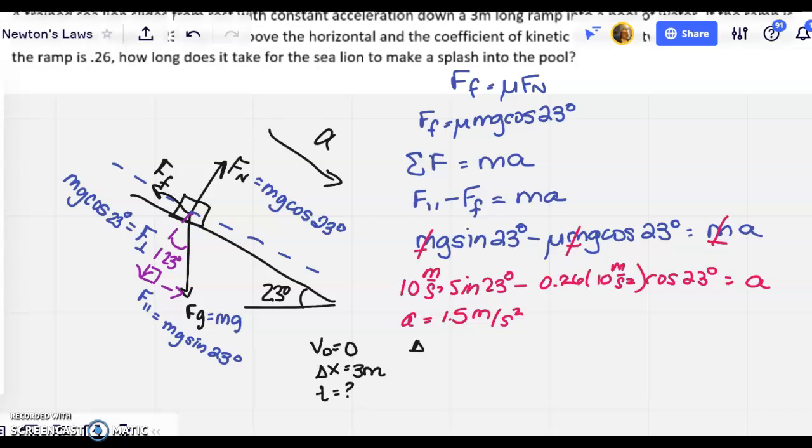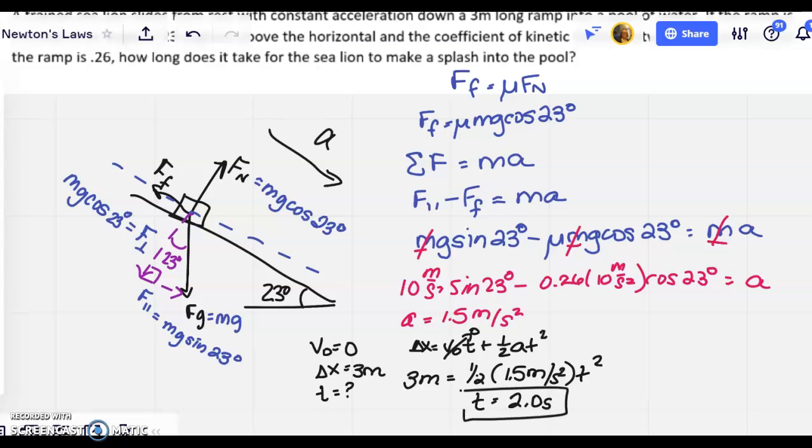So we have to use the delta x equals v initial times t plus 1/2 at squared equation. This is equal to 0, so 3 meters is equal to 1/2 times the acceleration times time squared. And when you solve that for time, you should get 2.0 seconds. So it takes the sea lion 2 seconds to slide down the slide and into the water.